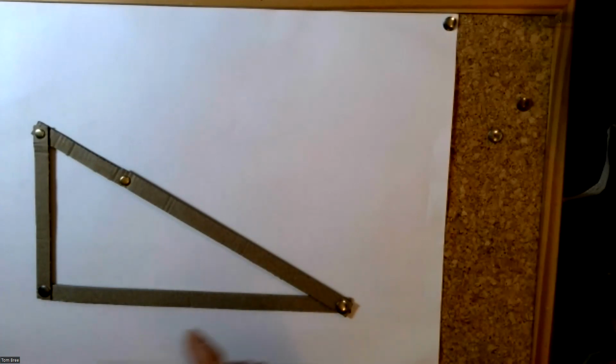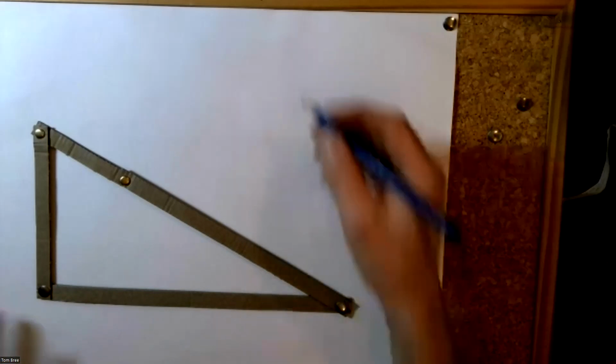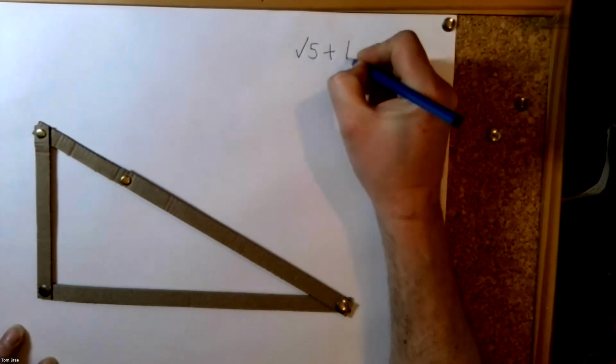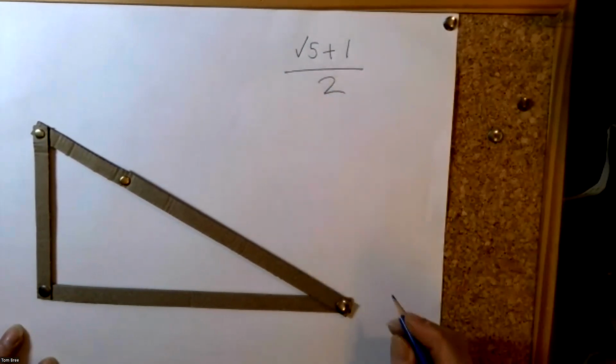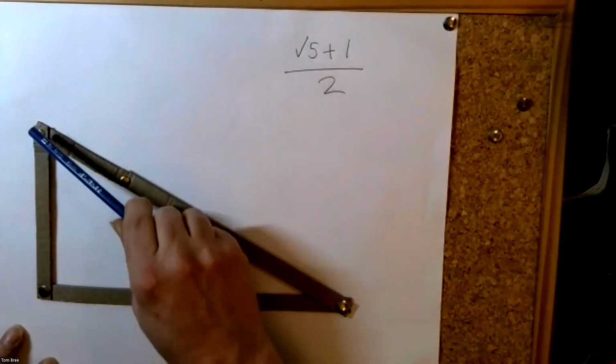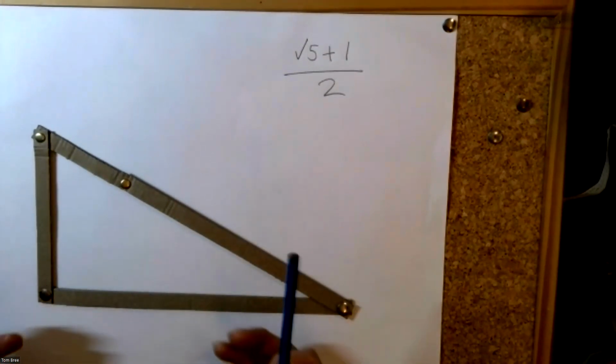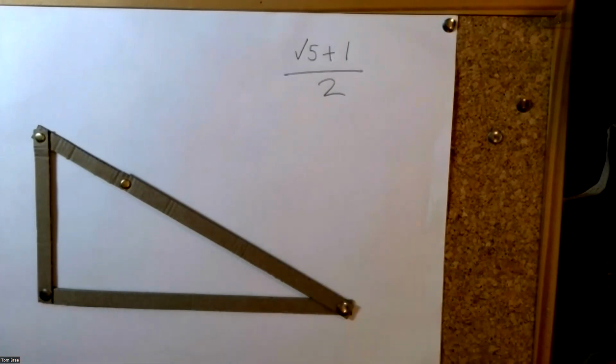The other thing about this is that we have 3 numbers from the formula for the golden ratio: square root of 5 plus 1, divided by 2. There's the square root of 5, there's 1, and here we have 2. Now we're going to use this visually to show what can happen here.